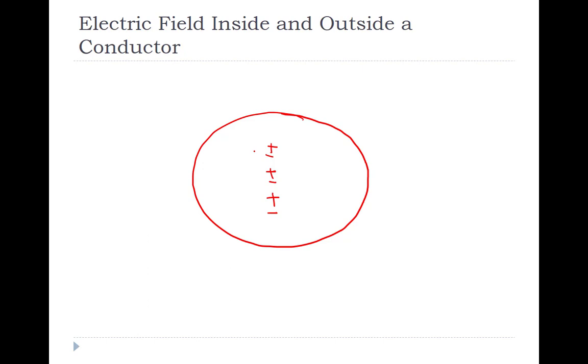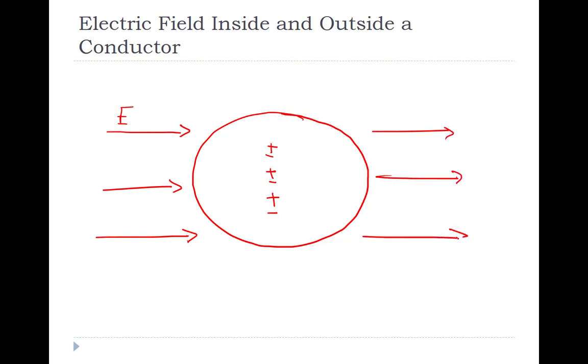And remember, as we discussed in the last part, the positive charges are stuck in the nucleus and they can't really move. So we're going to move the negatives around. So what happens? We put this conductor in a uniform electric field. So if it's on this side, it's also on the other side.